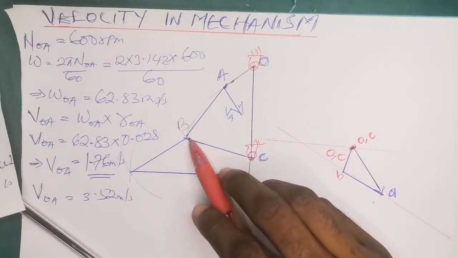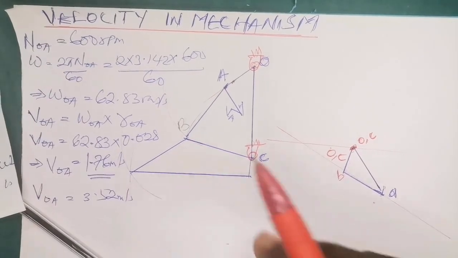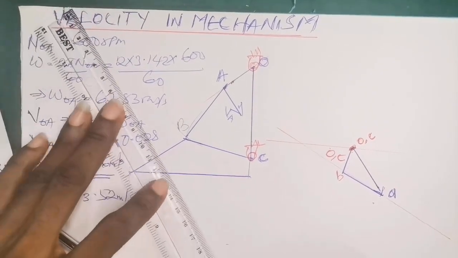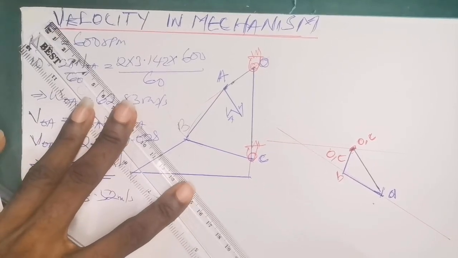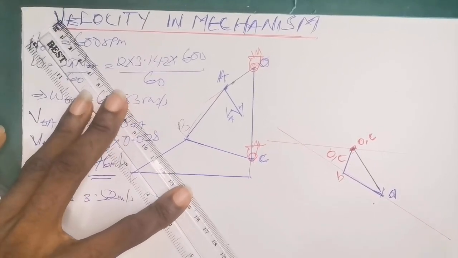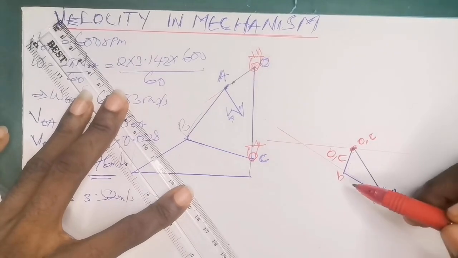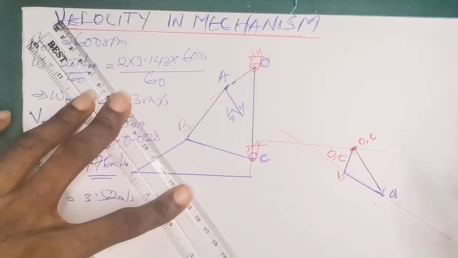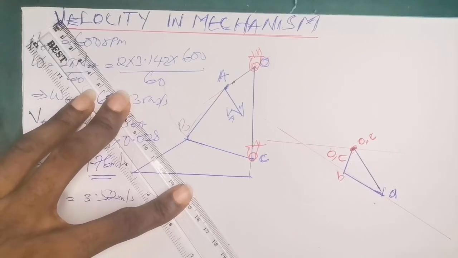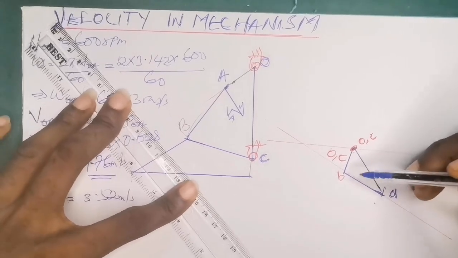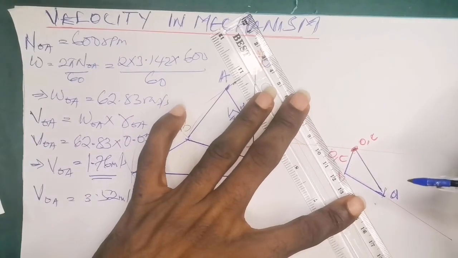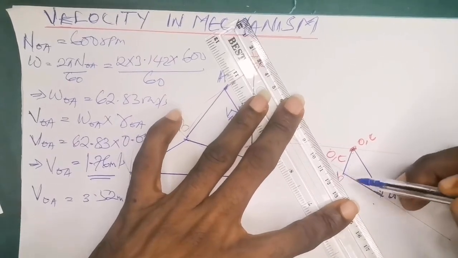Similarly, from point B to point D, also draw 90 degrees. You move that now to point B and join. Let's see where it's going to meet. This is point B, and 90 degrees is here.